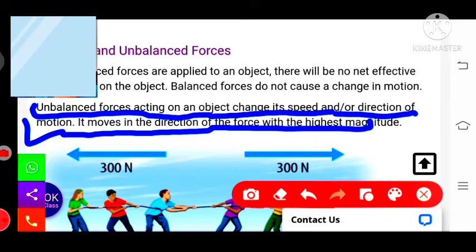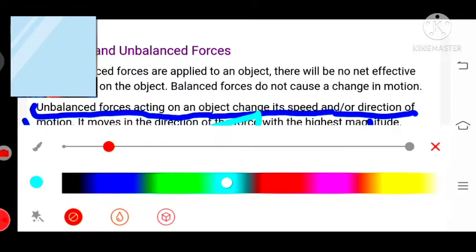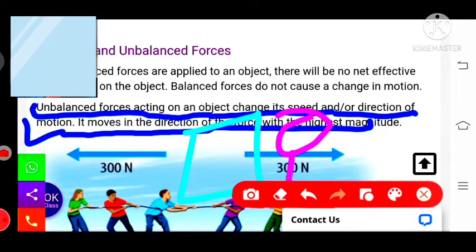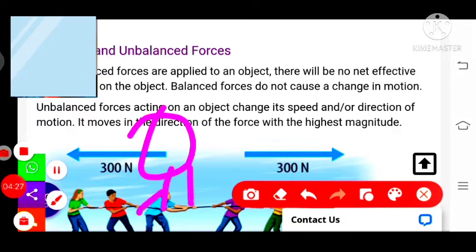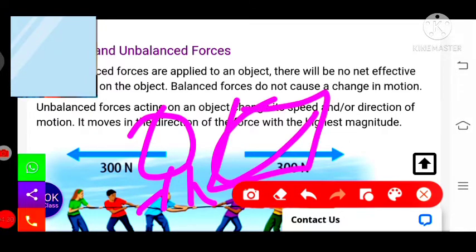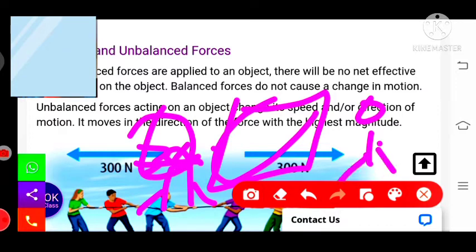So it means that if this is a box and here your friend is standing, at the opposite side of the box you apply a force of 30 Newton, and your friend applies a force of 20 Newton.